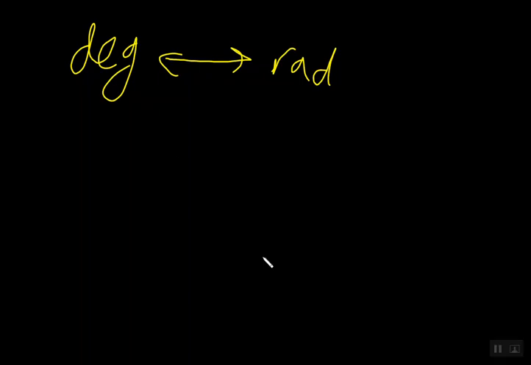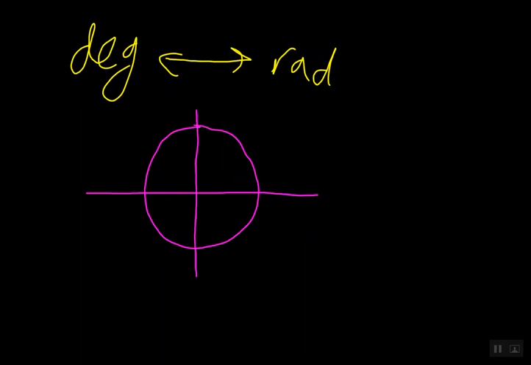Right, so to demonstrate radians, I'm going to have a circle of radius 1. I'm going to have the unit circle here. I'll do it in a different color. Or even, it doesn't even have to be a unit circle. It can have a radius r again. So it's got a center here, and it's got a radius r.